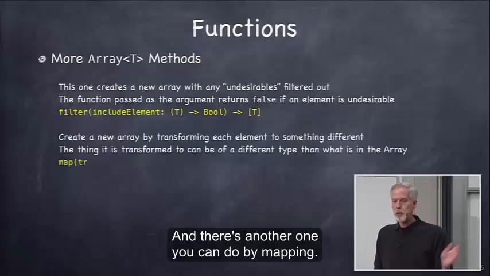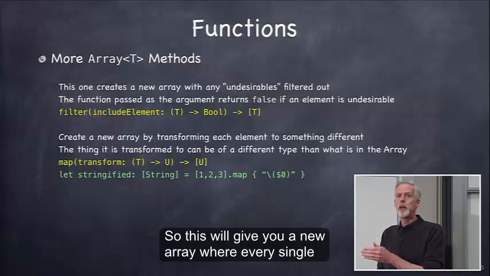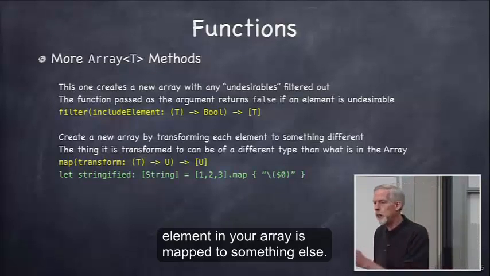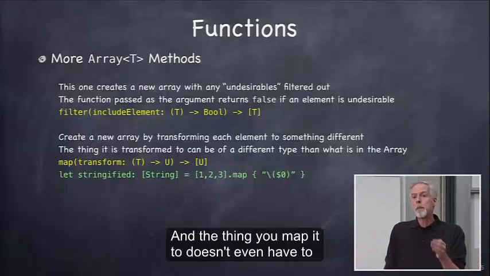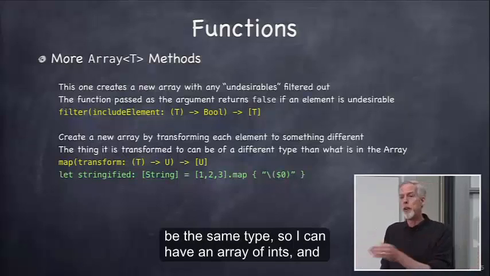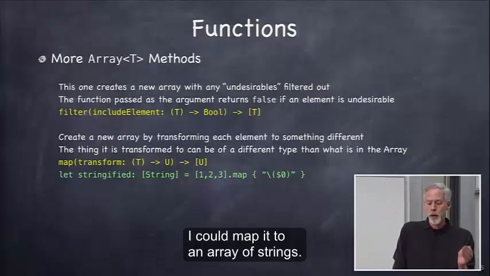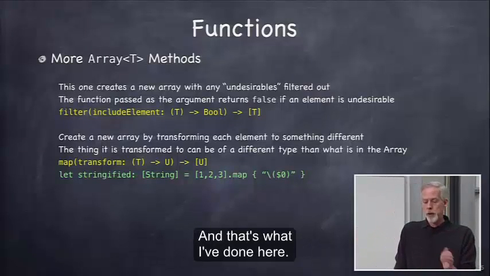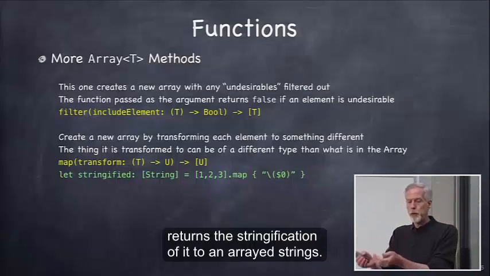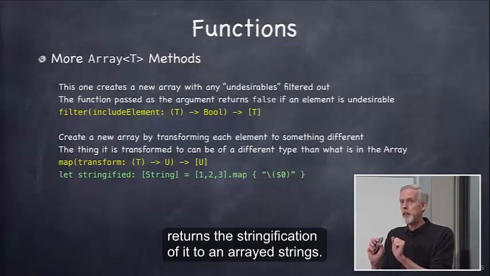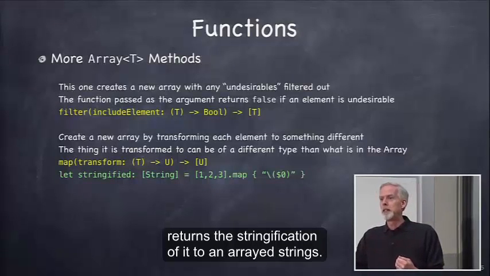And there's another one you can do by mapping. This will give you a new array where every single element in your array is mapped to something else. The thing you map it to doesn't even have to be the same type. So I could have an array of ints, and I could map it to an array of strings. That's what I've done here. I have this array of ints, 1, 2, 3, and I've mapped it using a closure that returns the stringification of it to an array of strings.